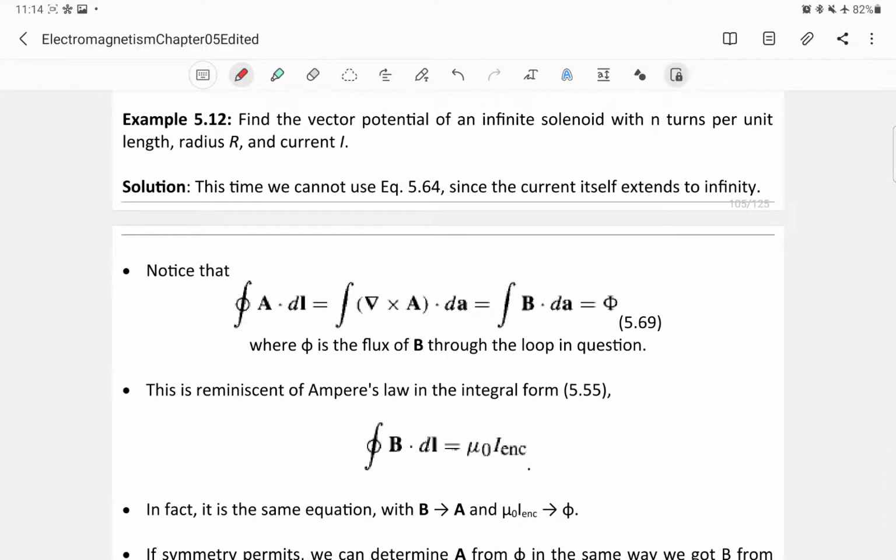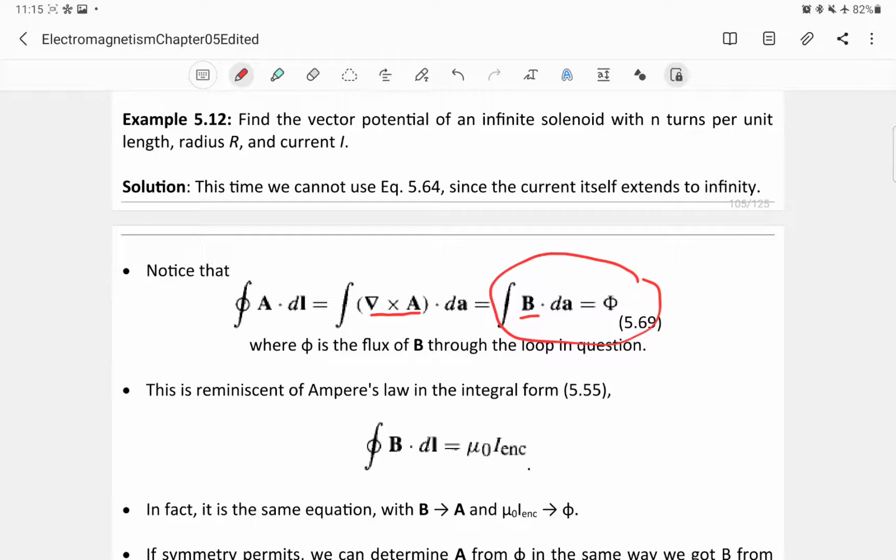But if you notice that the closed integral of A dot dl is just equal to this one by Stokes theorem, then the curl of A is just equal to B. And this is just like Gauss law, where phi is the flux and B is the magnetic field through the loop in question.